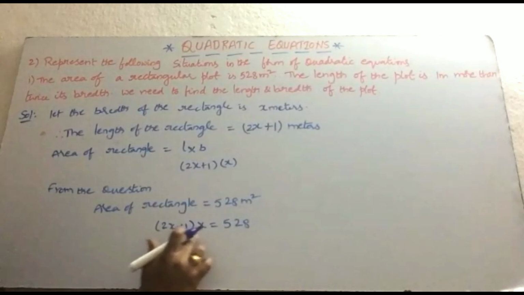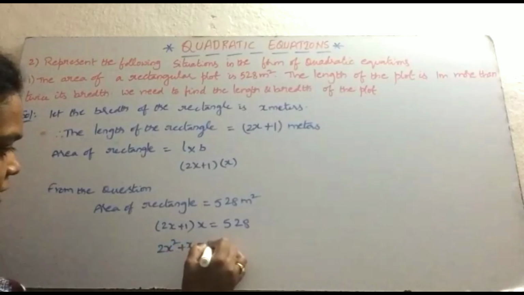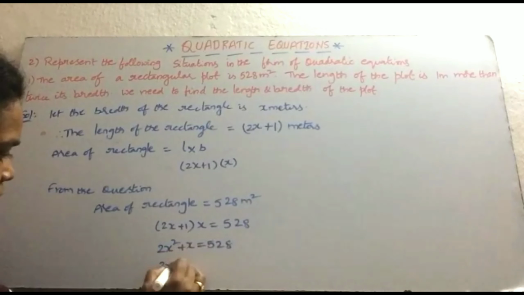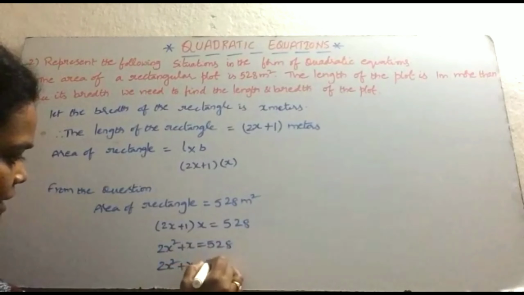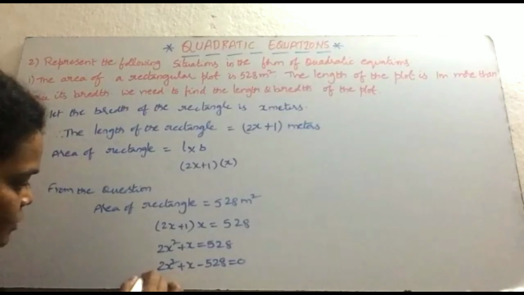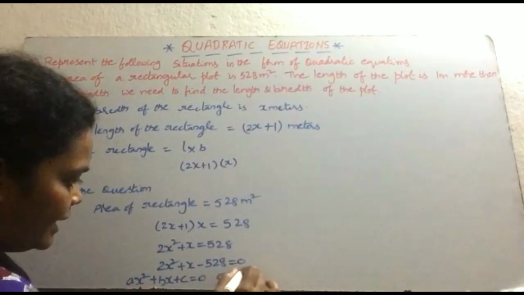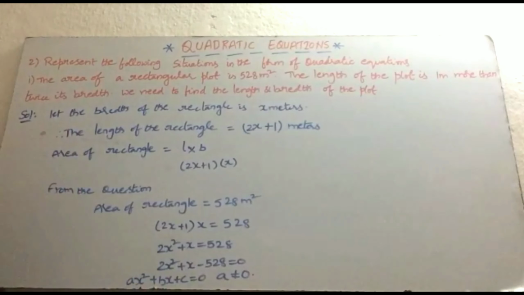So I will multiply x with this. So 2x squared plus x equals 528. So 2x squared plus x minus 528 is equal to 0. This is of the form ax squared plus bx plus c equals 0, and a not equal to 0.